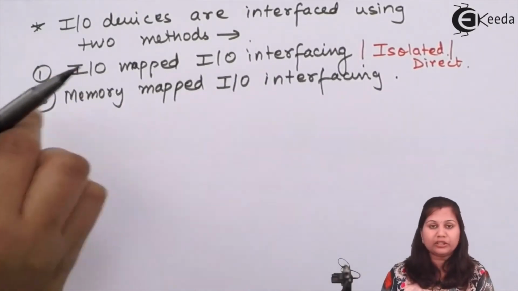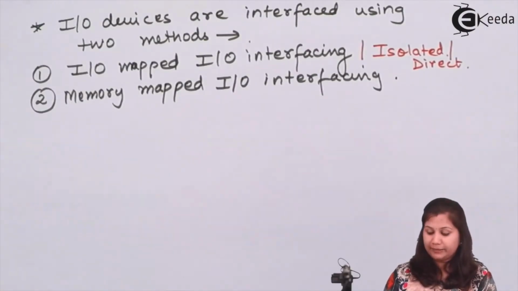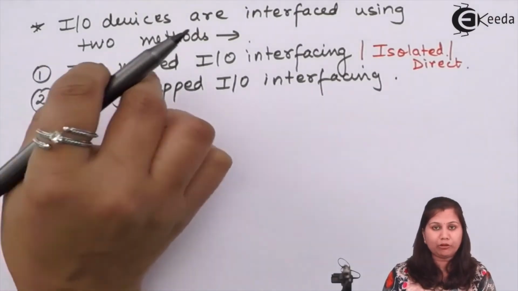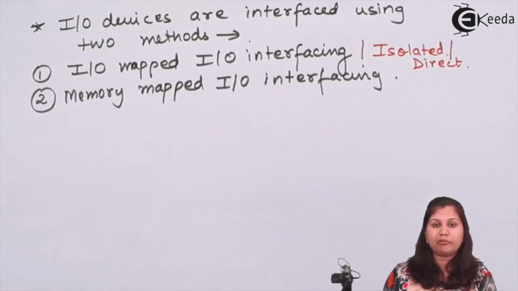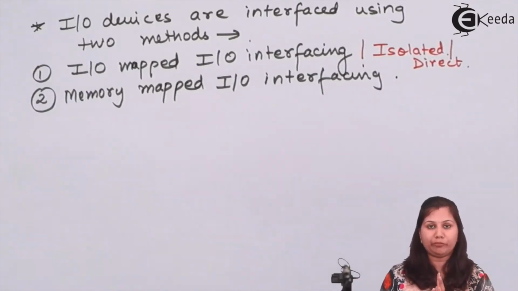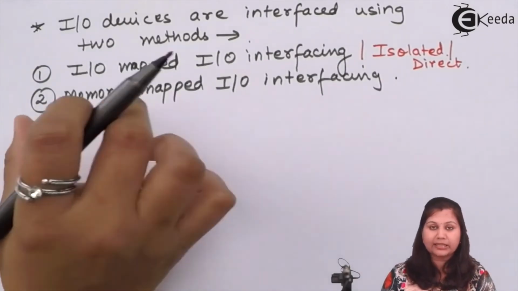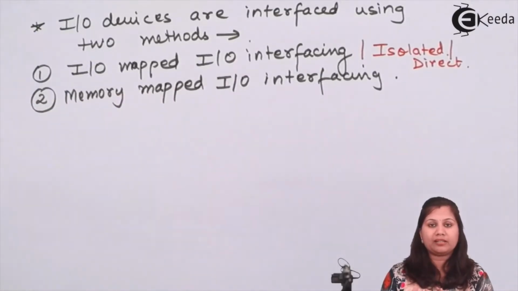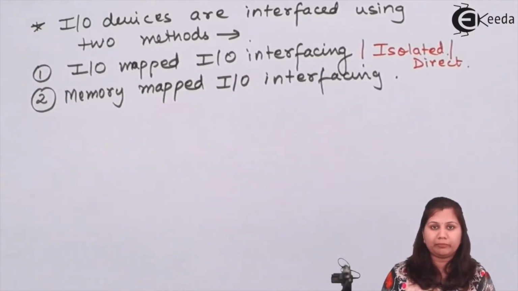The difference is that in input output mapping, the input output devices are treated as separate input output devices only, whereas in memory mapping they are considered as a part of the memory.